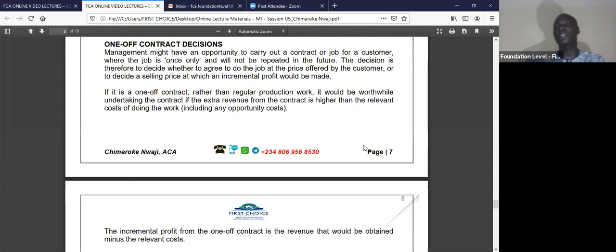But ask yourself, before you say, no, this thing is too small, use relevant costs to find out if you're going to make profit from this or you're going to make loss. Or you're going to make contribution or you're going to make loss. Okay?